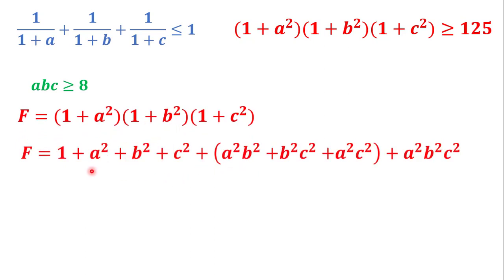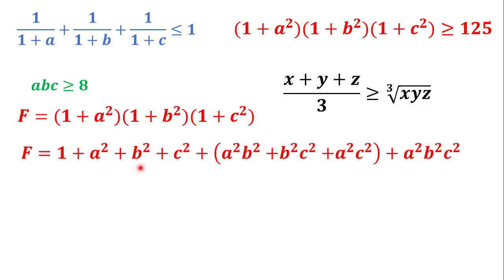Now we want to use the AM-GM inequality for three non-negative real numbers. If we have x, y, and z as three non-negative real numbers, we can write the AM-GM inequality for these three numbers: x plus y plus z over 3 is greater than or equal to the cube root of x times y times z.